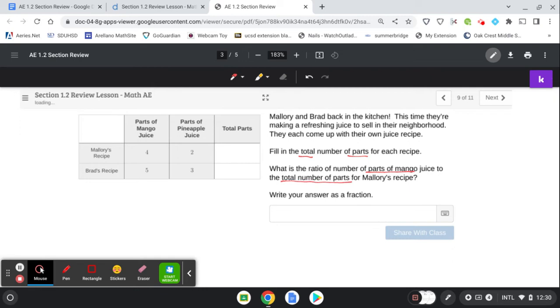Mallory's recipe? So in the total parts column, you want to type in, for Mallory's recipe, you want to add 4 plus 2, so you get 6. So you want to type that in. For Brad's recipe, you want to add 5 and 3, so 5 plus 3 would be 8. So it says, what is the ratio of the number of parts mango juice for Mallory's recipe, there's 4 parts to the total number of parts, which is 6.